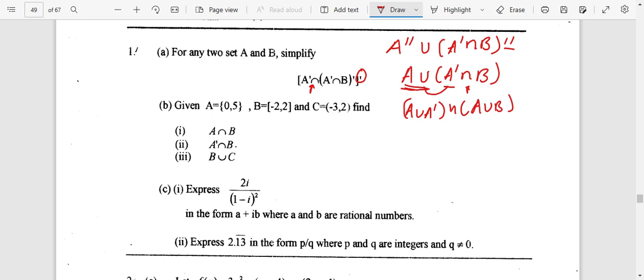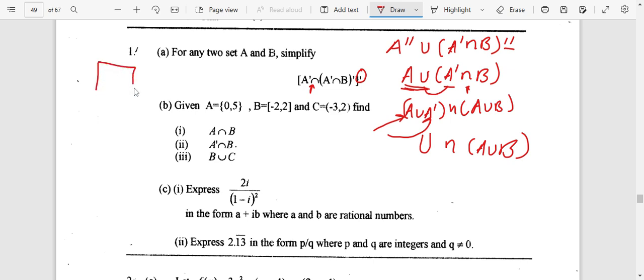This is what makes people fail. So A union A complement is the universal set, and then intersection A union B. When you get A, you combine it with what is outside A, you are going to get the universal set. If it is A intersection A complement, that is going to give you an empty set.